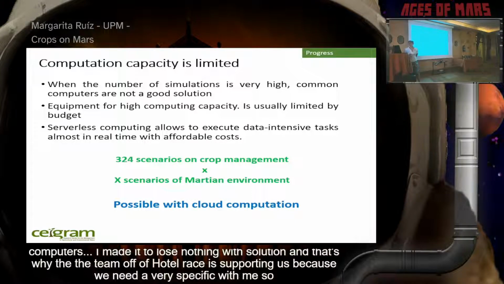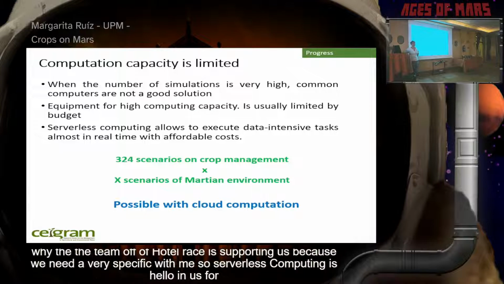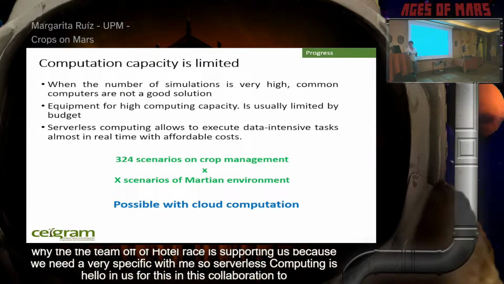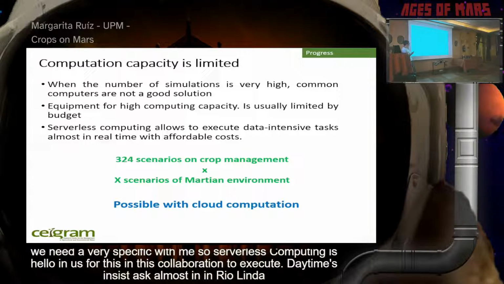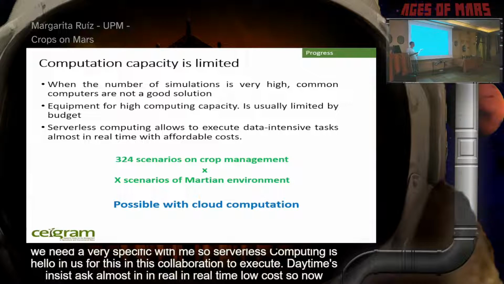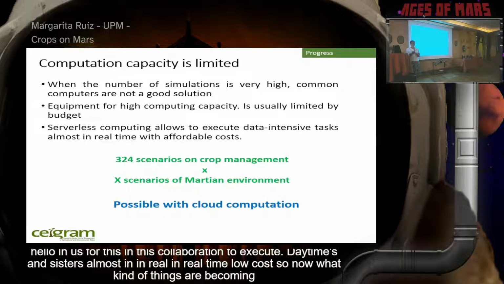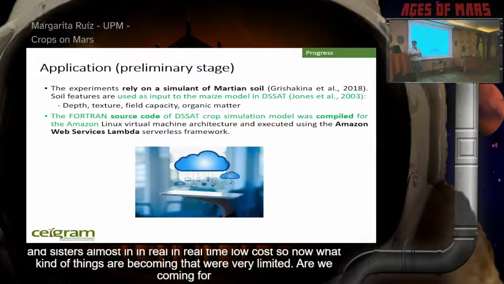So serverless computing is allowing us in this collaboration to execute data-intensive tasks almost in real time, at low cost. So now these kind of things that were very limiting for us are becoming possible with cloud computation.